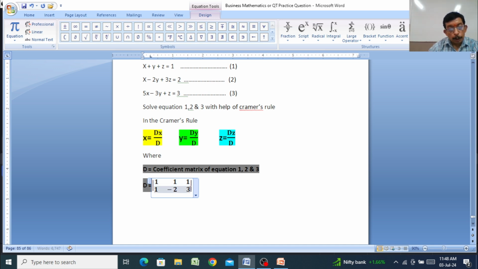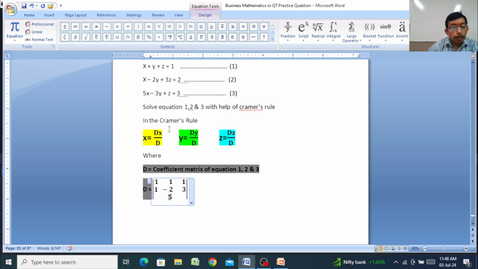Now we come in the third row. First coefficient of x is 5.